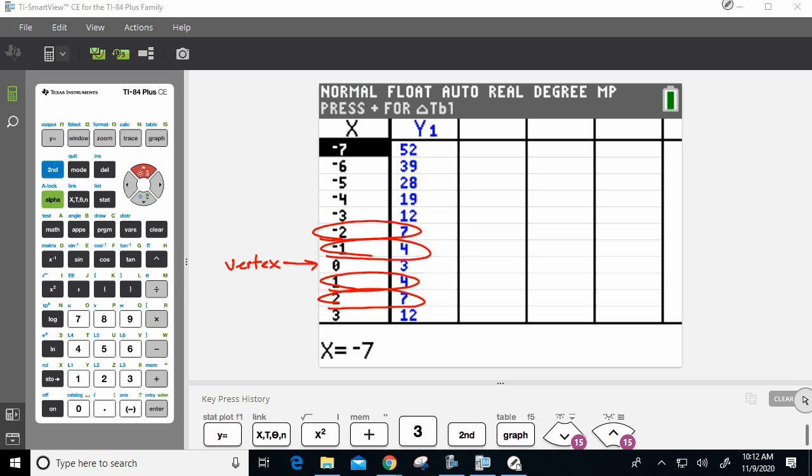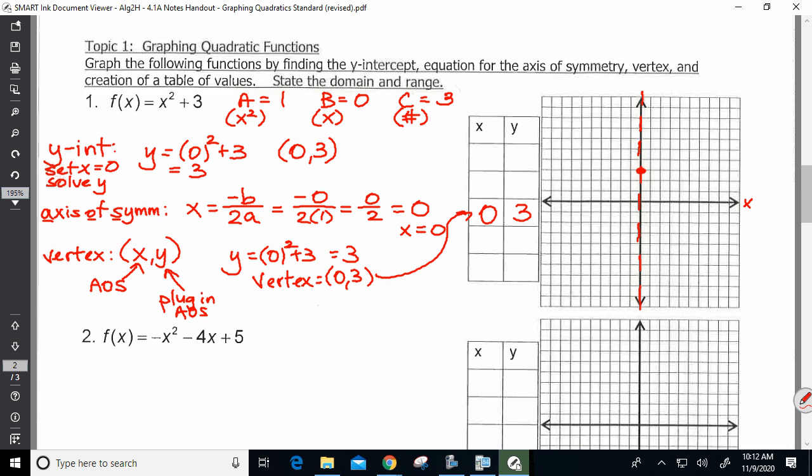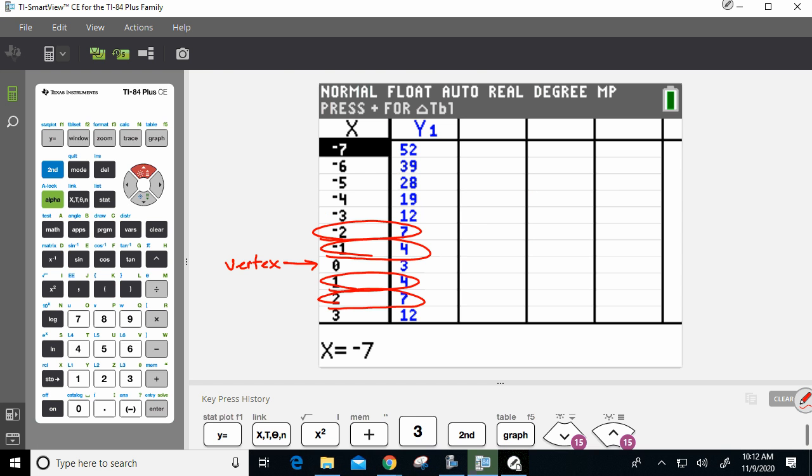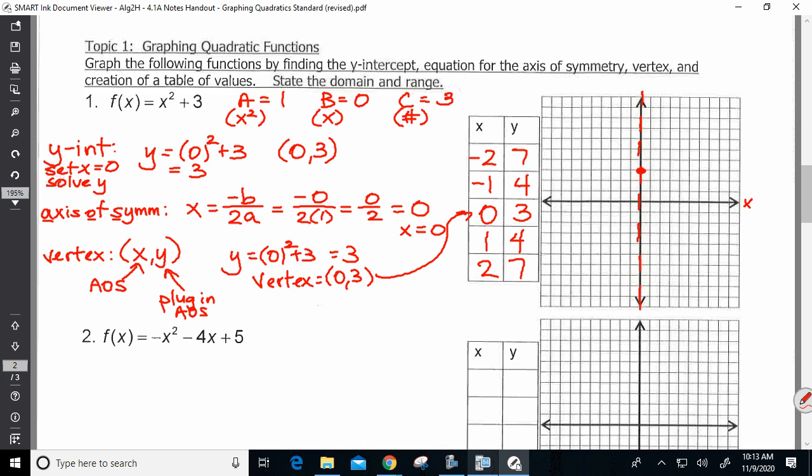So -2, 7, -1, 4, 1, 4, 2, 7. So which points you pick, I don't care. Ideally, you want to pick points that are going to fit nicely. But you should have 5 points on the graph.